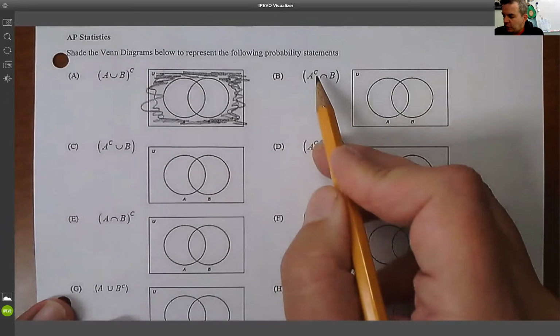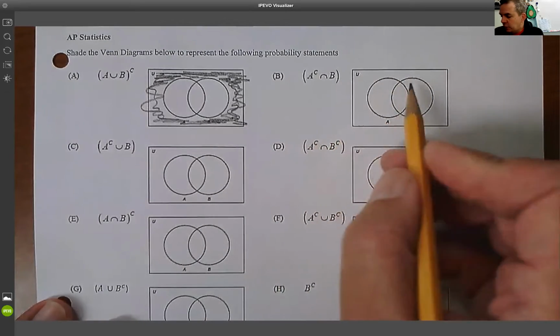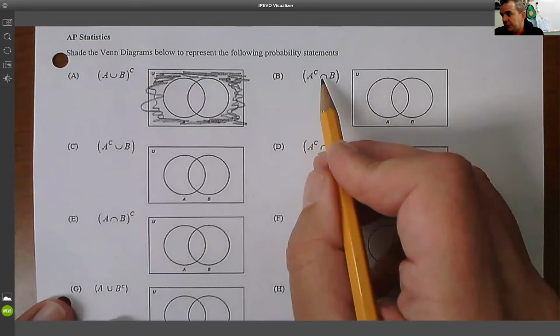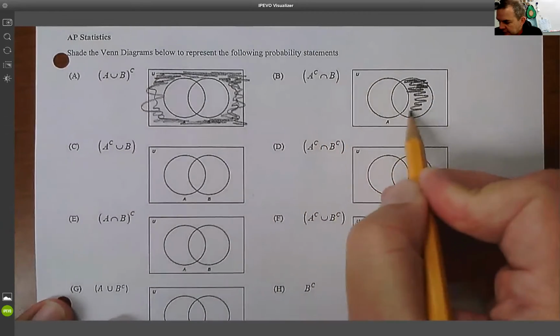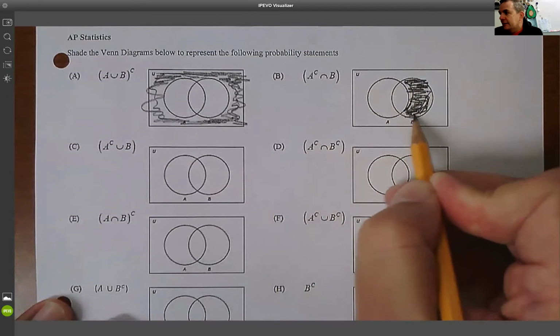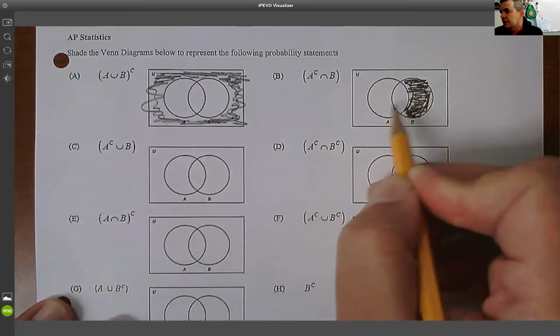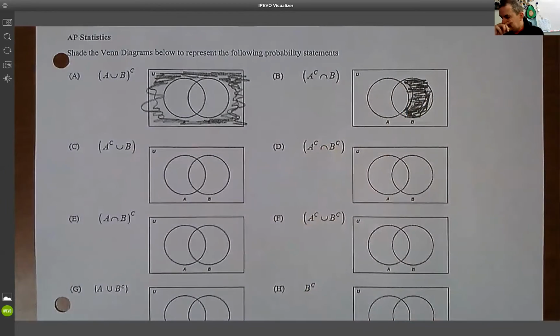So it's saying, where would not A intersect with B? There's only one place where not A would intersect with B, where they have something in common. And that would be this little bit right here. All of the stuff that's in B, but not in A. Because this is in B, good. This is also not in A.